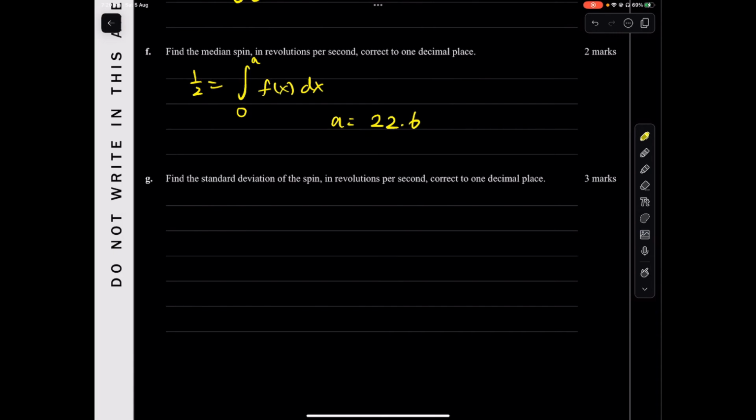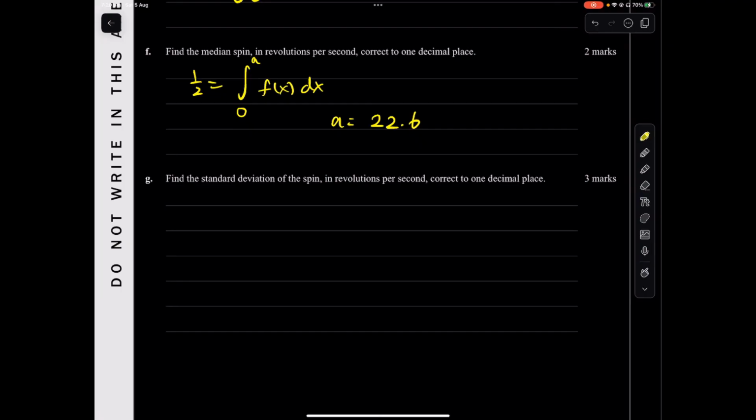So, wait. I just need to check the formula. I just want to make sure. If I go to the methods formula sheet, I just want to double check.